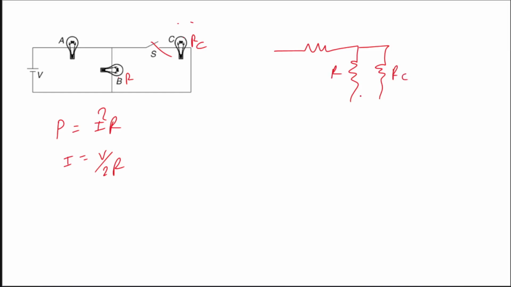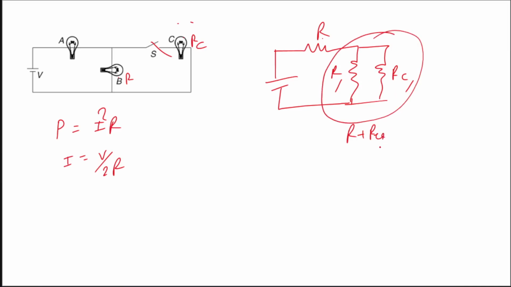This is R, this is RC, and the equivalent of the parallel combination will be smaller than R and smaller than RC. Okay? So overall, if you look here, R plus this R equivalent of the two, this value will be less than RC and less than R.